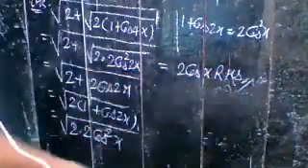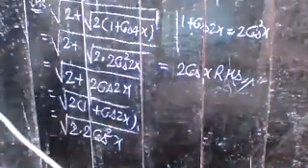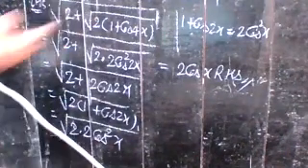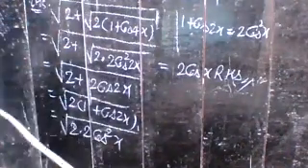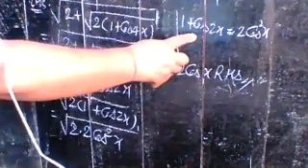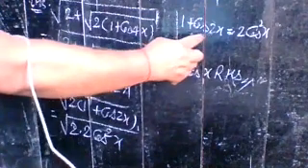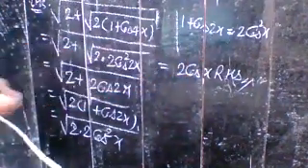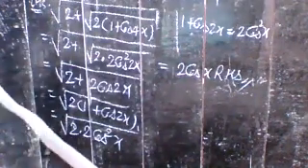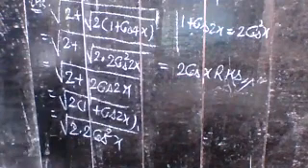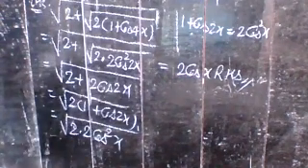So that identity is very important, and you can write it directly. If you learn only two identities here, 1 plus cos 2x is 2 cos square x, and 1 minus cos 2x is 2 sin square x.